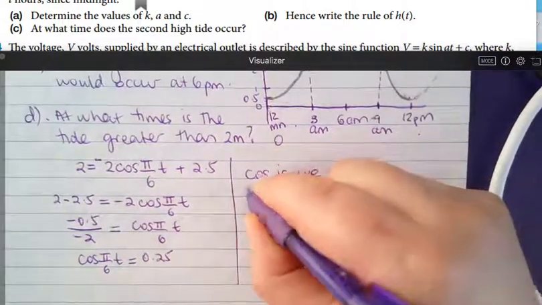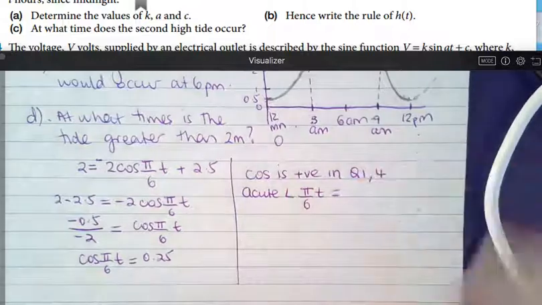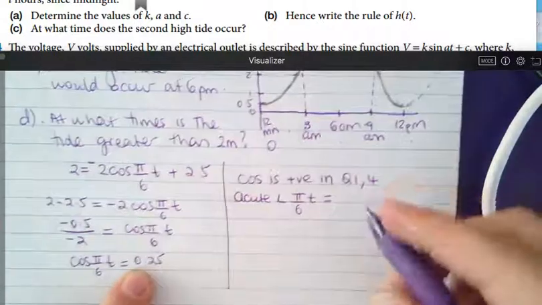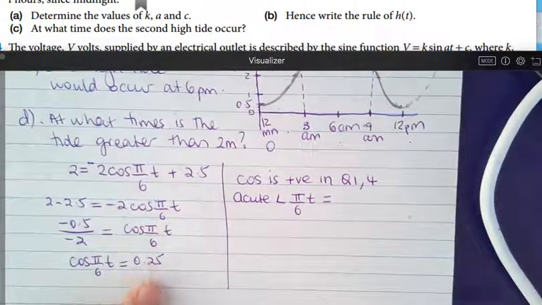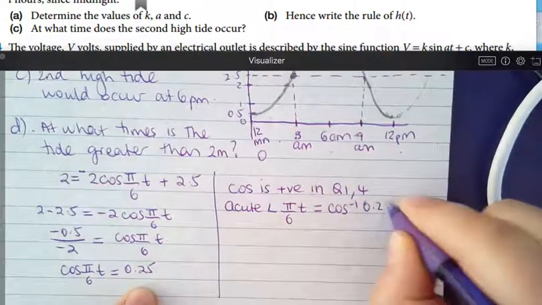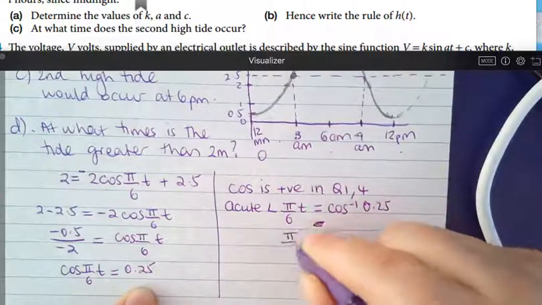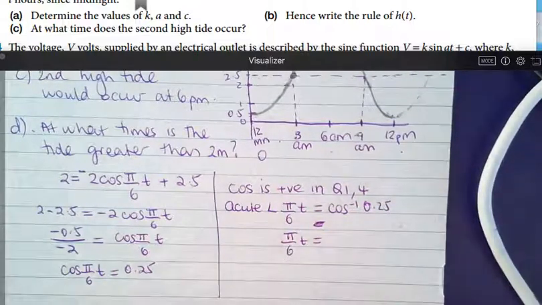So, what's my next step? Acute angle pi on 6t. You have to do inverse cos of a quarter. Normally we've been practicing exact values for this, but we don't have an exact value for inverse cos of a quarter. So what do you get? No degrees. Go in radians.